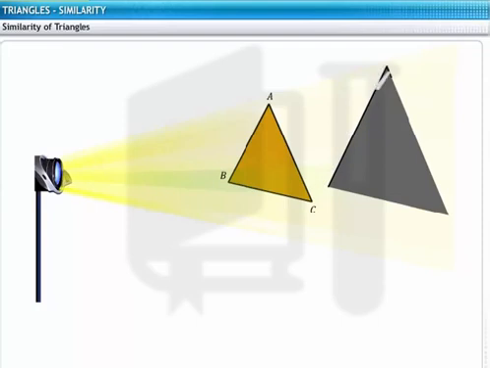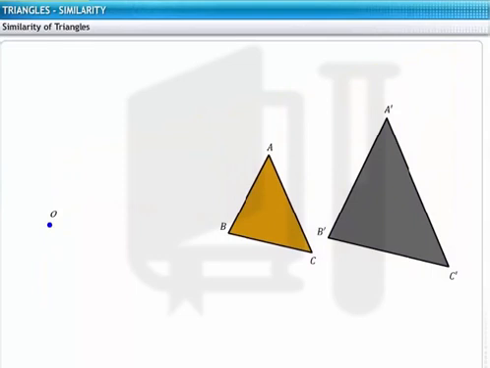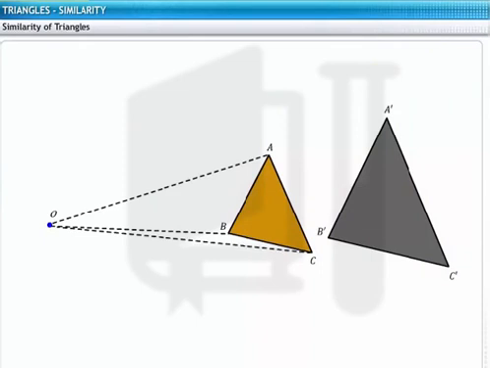Let's mark the shadow of the triangle as A', B', C'. Consider the point of the light bulb as O. Draw rays OA, OB, and OC originating from point O. If we extend this ray further, we'll observe that A' lies on ray OA, B' lies on ray OB, and C' lies on ray OC.